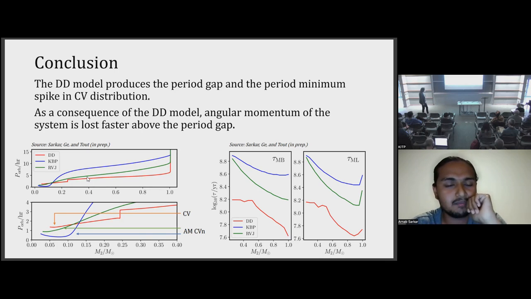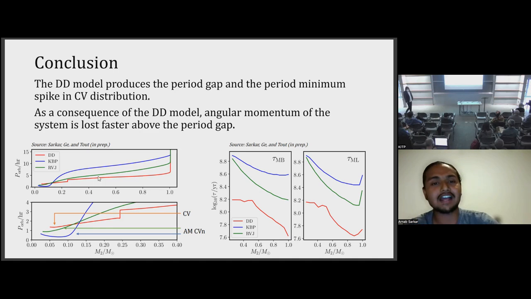Well, not quite, because if you have a stronger angular momentum loss, the system is more evolved, it goes more out of thermal equilibrium. It behaves differently than a system which is just composed of hydrogen.